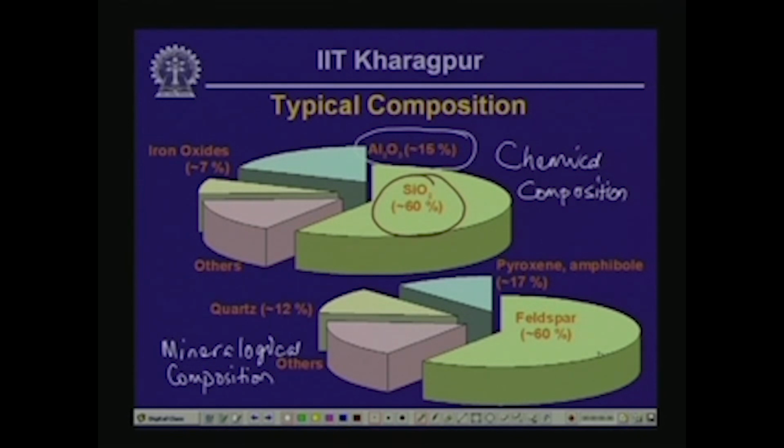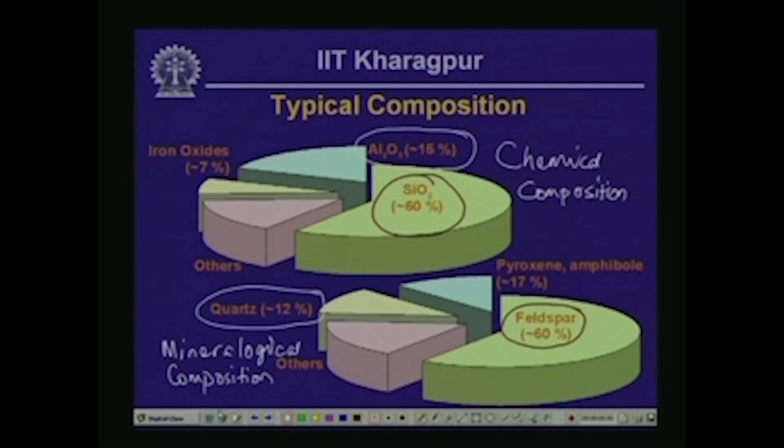Whereas if you look at the mineralogical composition, then the two chief minerals that exist in magma include feldspar and quartz.